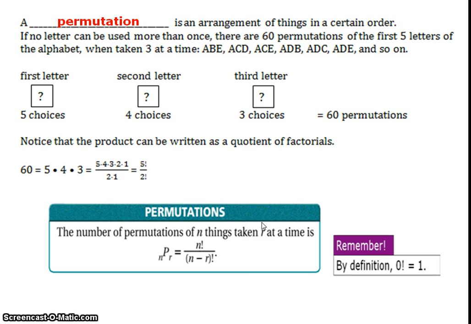So when you think about a race in track and field, a 100-meter race, the order in which the runners finish, that matters. So the different ways that the runners could finish in that race, that would be an example of a permutation. And remember, down here, by definition, 0 factorial equals 1.